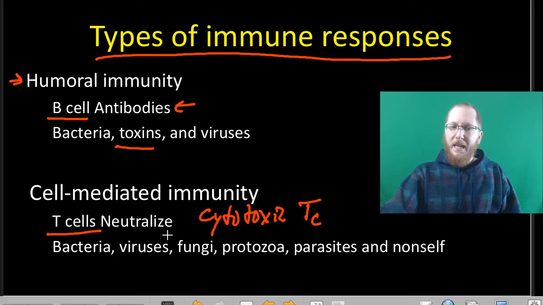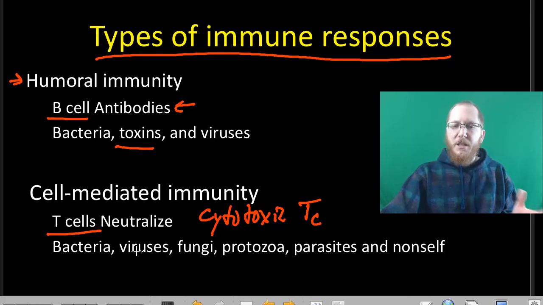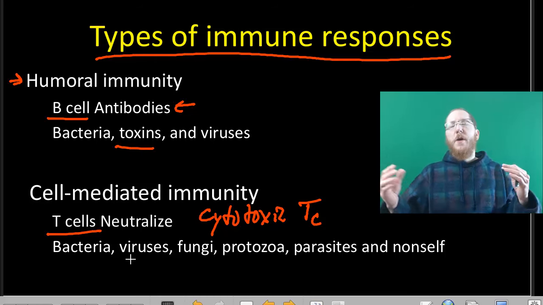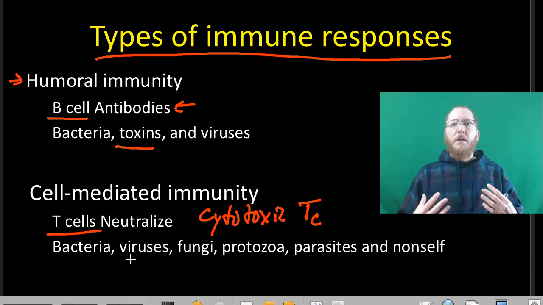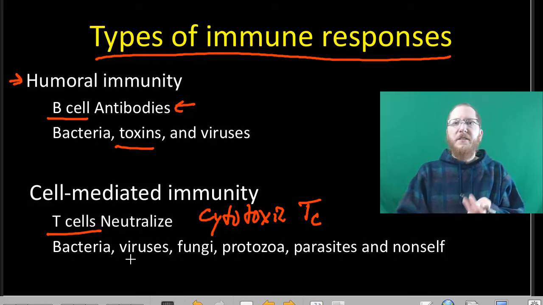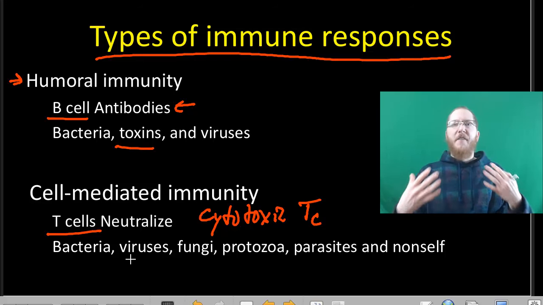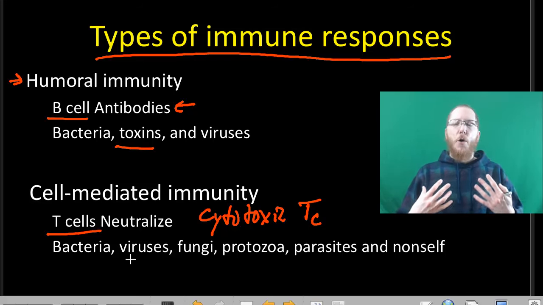These guys can go after smaller stuff, bacteria and viruses too, but they can also go after bigger stuff, including fungus. So if you have athlete's foot, yeast infection, things like that, they can go after protozoans, such as malaria and giardia, and even larger parasites that we have. Anything that's pretty much not us, they can go after.